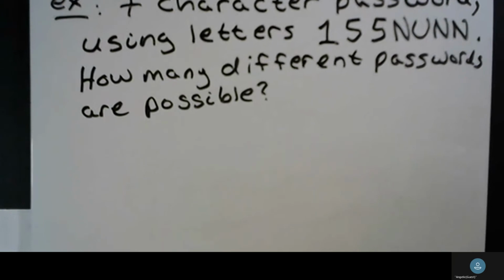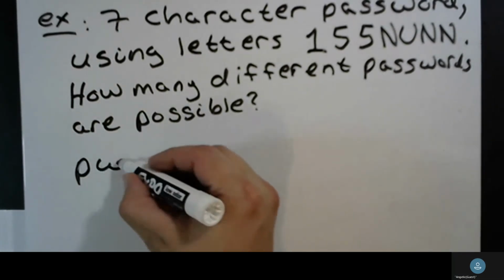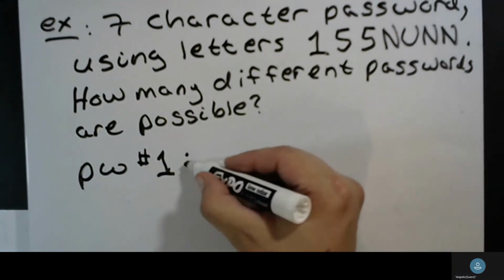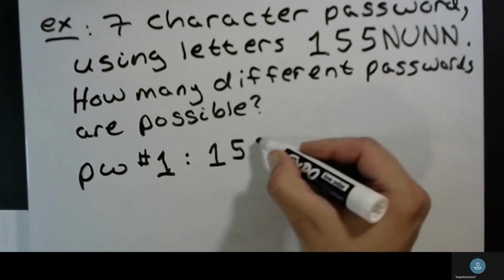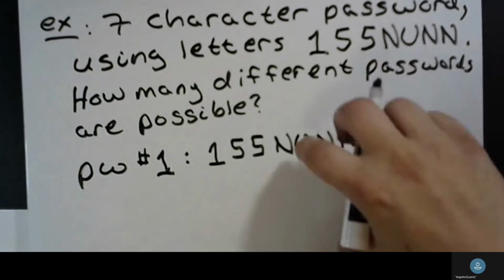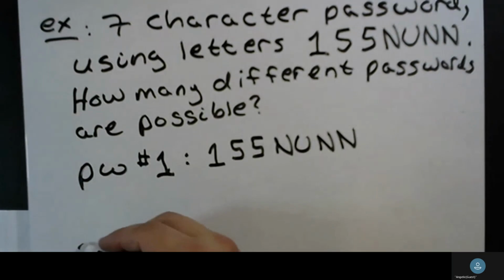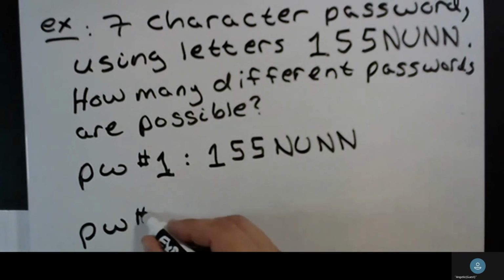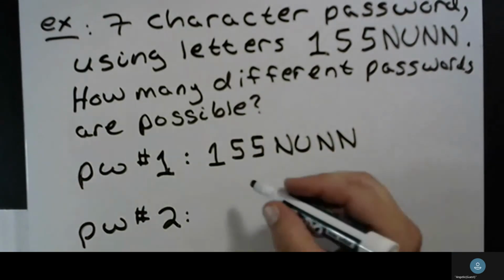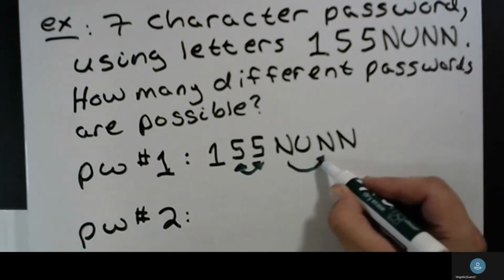So again, let's take a look at this. So let's say we have our first password. We'll call it password number 1. And this will just be the 155NUNN. Now to get password number 2, we're just going to switch some terms around. Let's say we're going to switch the 5s. We'll switch these two N's.